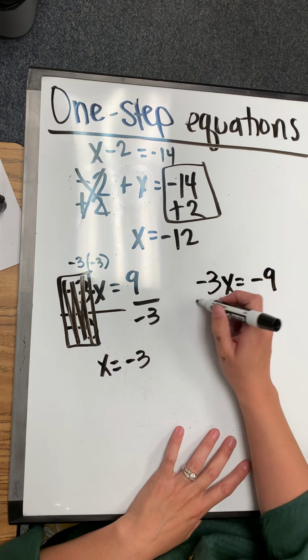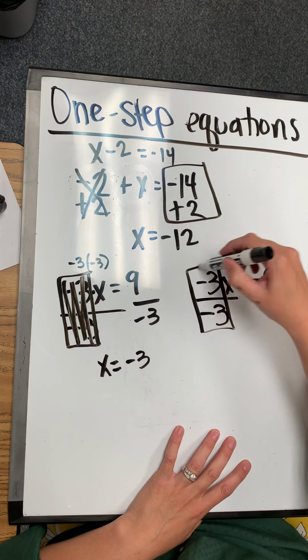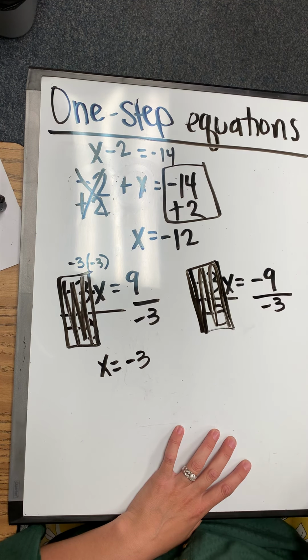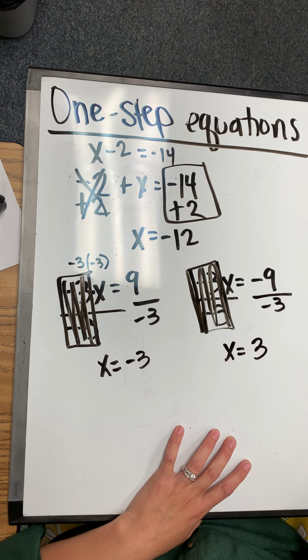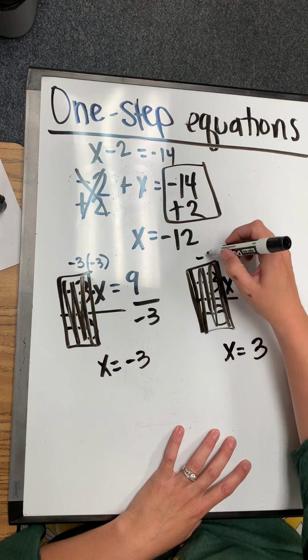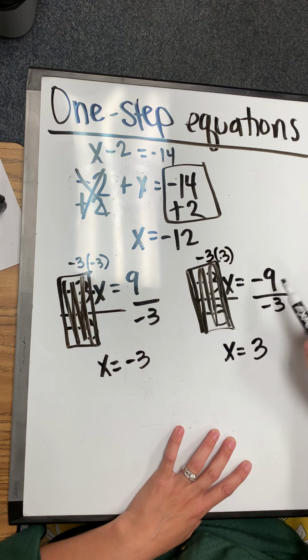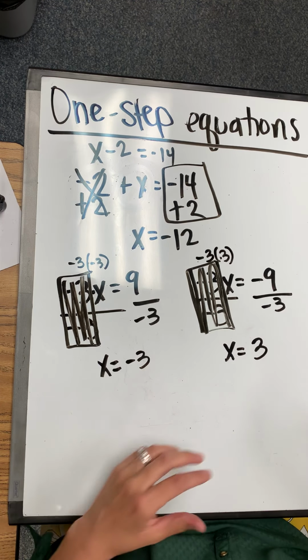Now, when I divide by a -3, because this needs to work out to be a +1, over here I would also divide by a -3. That gives me a +3. If I go back up here and I plug it into my original equation, a negative times a positive is a negative. So as long as you keep those signs together, they will work out in the end.